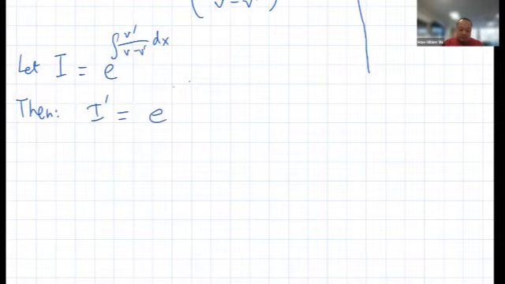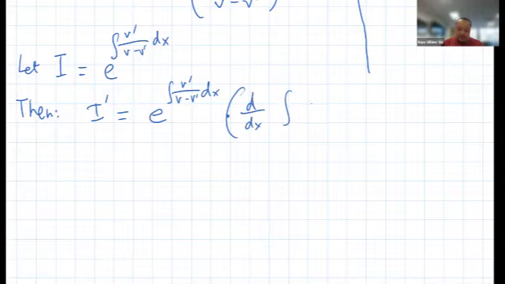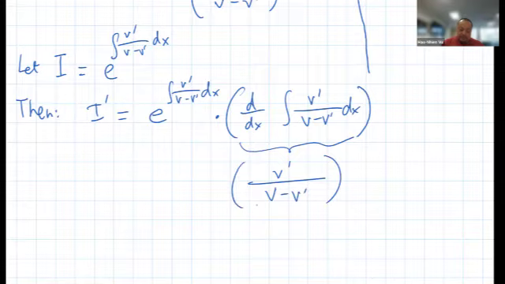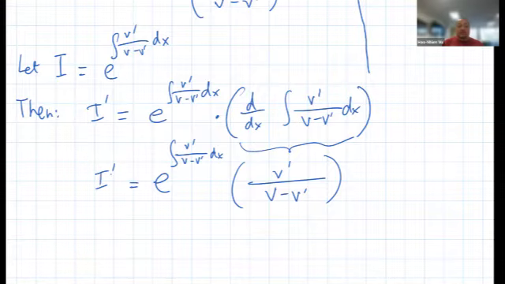So first is e to the same thing again. But by the chain rule, it is times the derivative of the exponent, so times the derivative of the integral of v prime over v minus v prime. Well, this part, you have an integral and you have a derivative, so they cancel each other out. All of this is just v prime over v minus v prime, times e to the integral of. And all of this is the derivative of I.